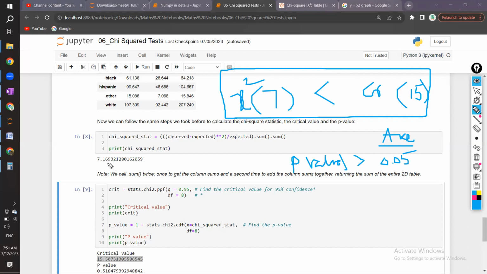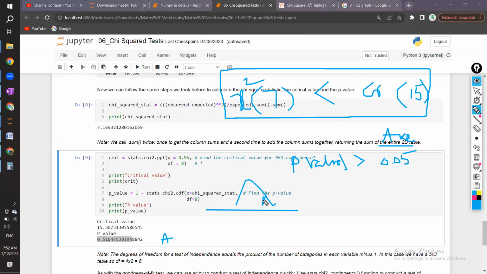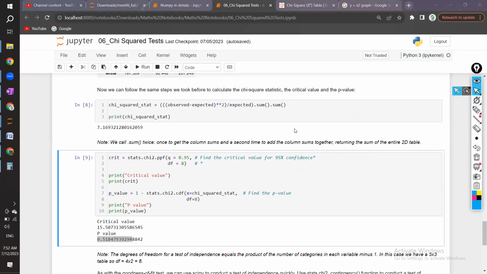You can see the critical value is 15.57, so here you are accepting. Similarly from the p-value, can you see 0.51? 0.51 is also obviously greater than 0.05. That means a bigger area, and also a smaller chi-square relative to the critical value. So in that case, you are accepting the null hypothesis.